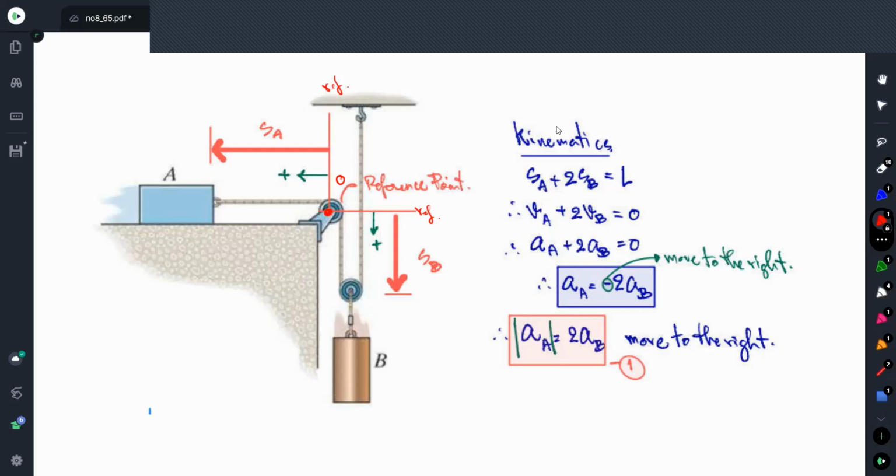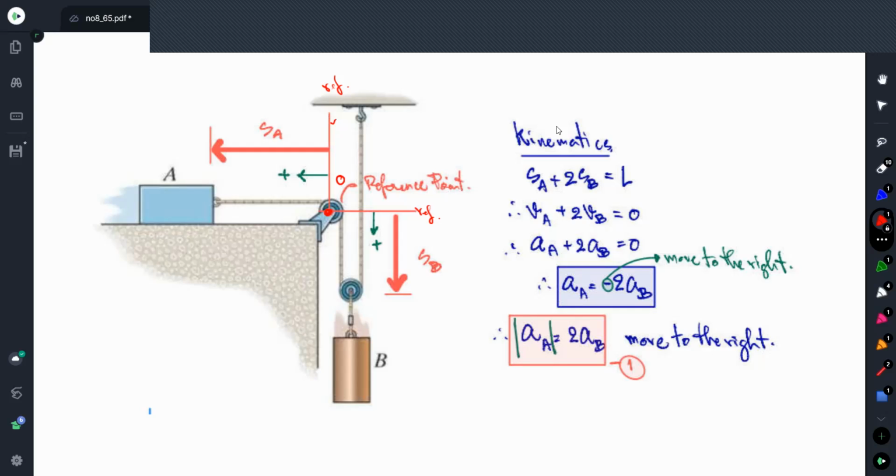For block A, we measure from this line, so to the left should be positive. To the left is the positive sign convention. And for block B, we measure downward from the reference line, so sB should go down as the positive sign convention.